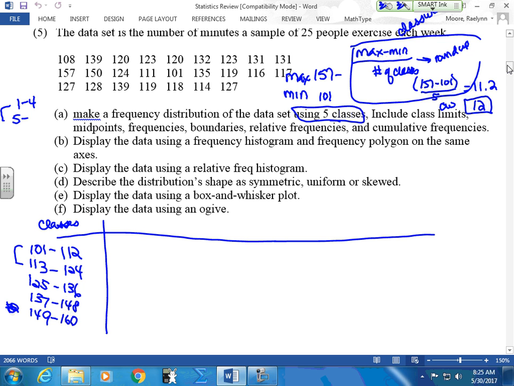Then we found the midpoint, because the midpoint is one of the things we can use in our graph. We can use your x-axis as a midpoint, because it will be equally spaced apart. So the midpoint, all I have to do is add these two together, divide by 2. So add those together, divide by 2.